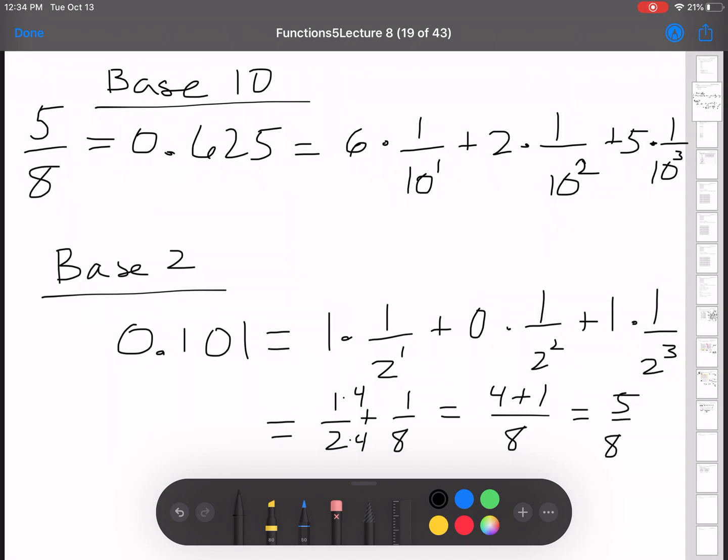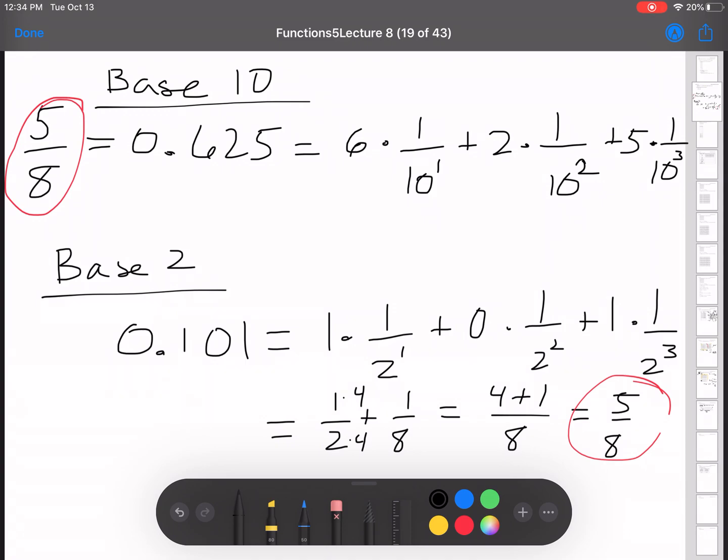So here we have another way of saying the same thing. Notice here we had 5/8, here we had 5/8. We just have two different ways of saying the same thing. You can use either as long as you know the way you're representing things.